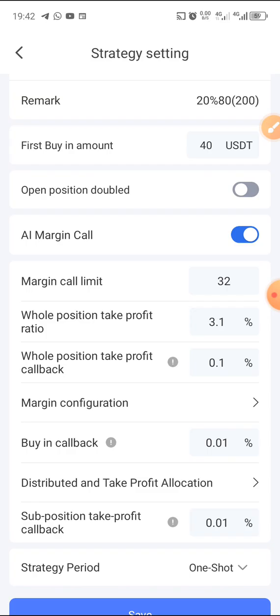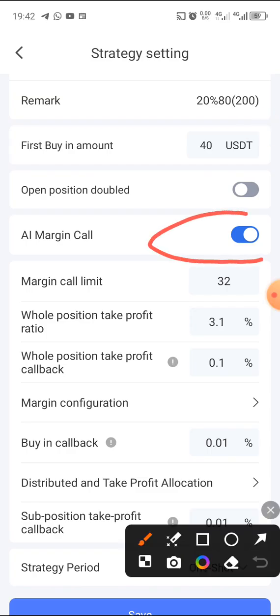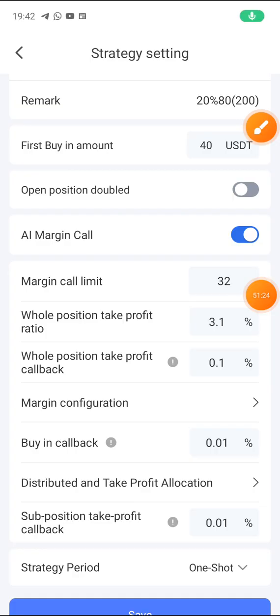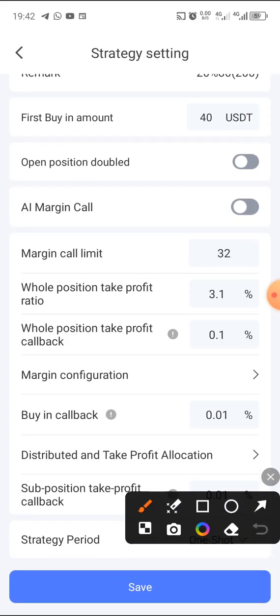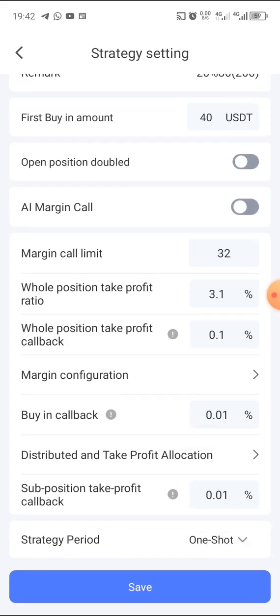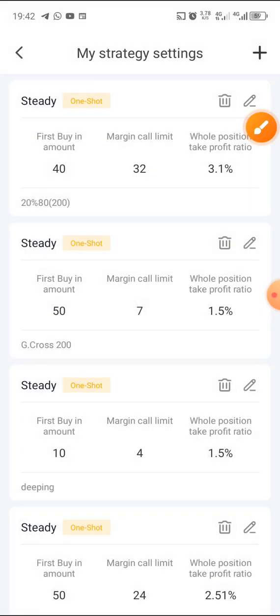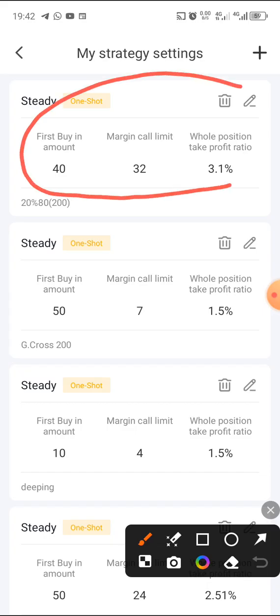Okay, so you come here on AI margin call. AI margin call should be off. So after that, come here, click save, and guess what? Our strategy is already saved and it is here.